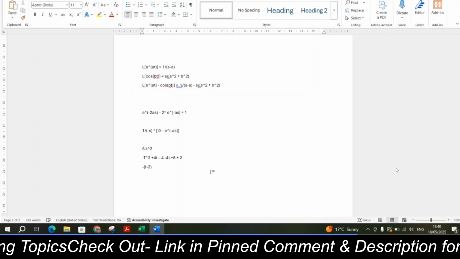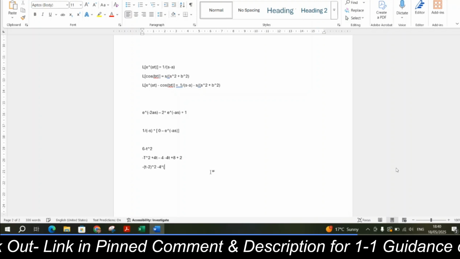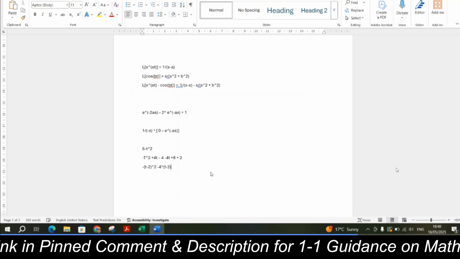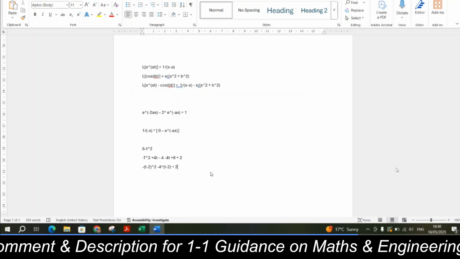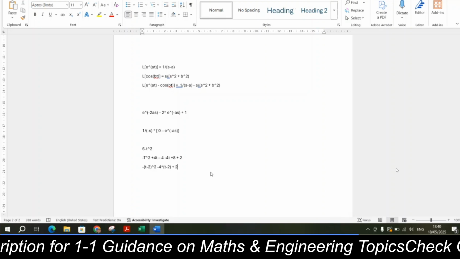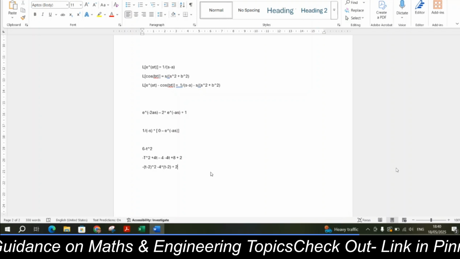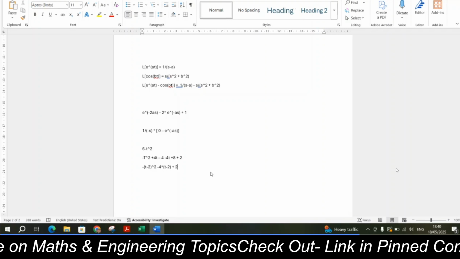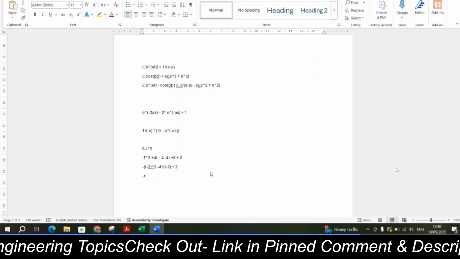So I will add another plus 2. Is this expression the same as 6 minus t square? Yes. I'm actually writing it as minus t minus 2 the whole square minus 4 into t minus 2 plus 2. Now you can say that this is a function of t minus 2.